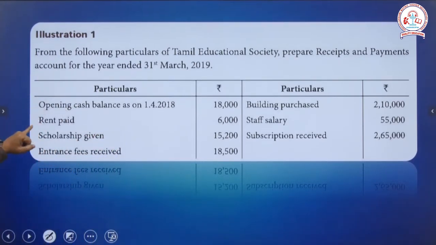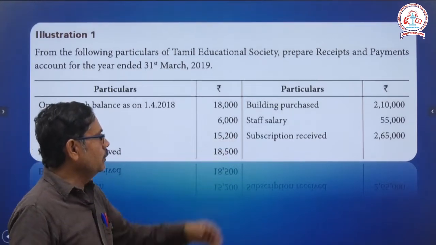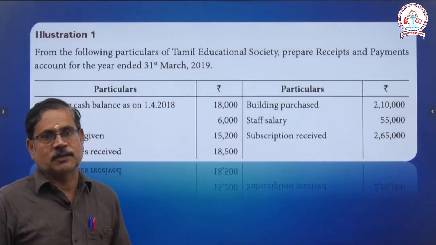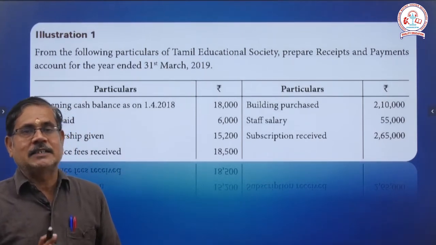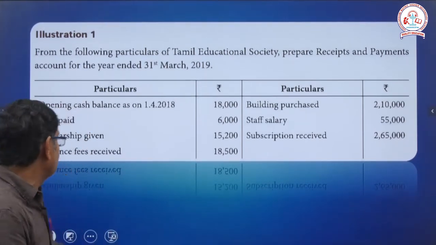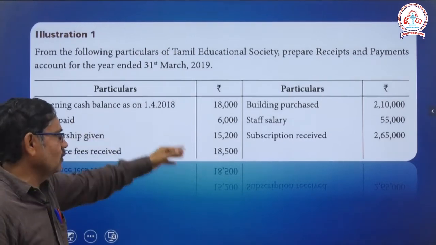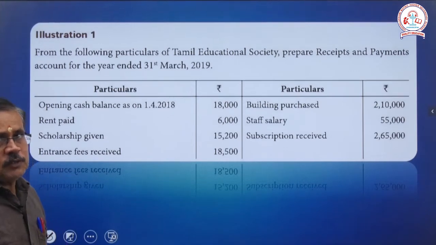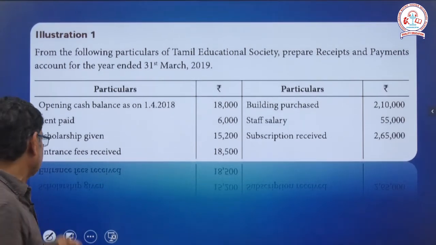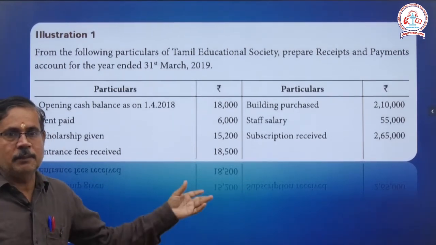The opening cash balance, rent paid, scholarship given, entrance fees received, building purchase, staff salary and subscription received. I already told you that on the receipt side we use only received items with the opening cash balance. The opening cash balance as on 1/4/2018 will appear on the receipt side. Rent paid will appear on the payment side.